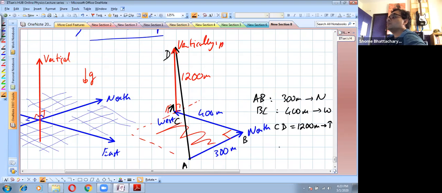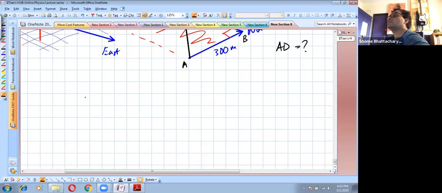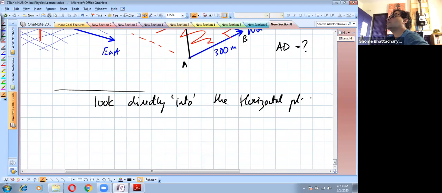So what we have to find now is ED. We have to find that ED. Okay. So I'll break it into two triangles first. First, what we'll do is we'll look directly into the horizontal plane at triangle ABC.